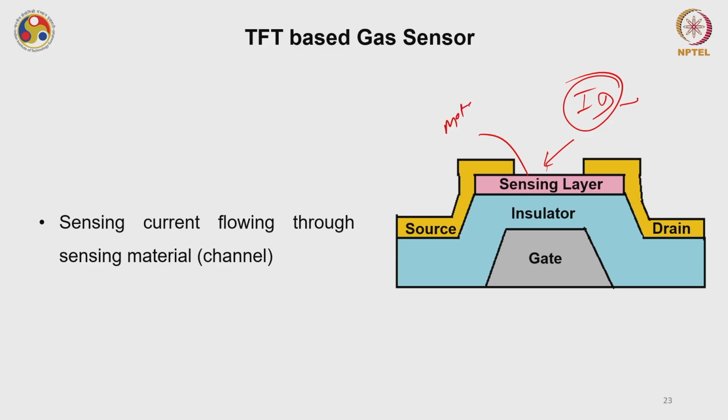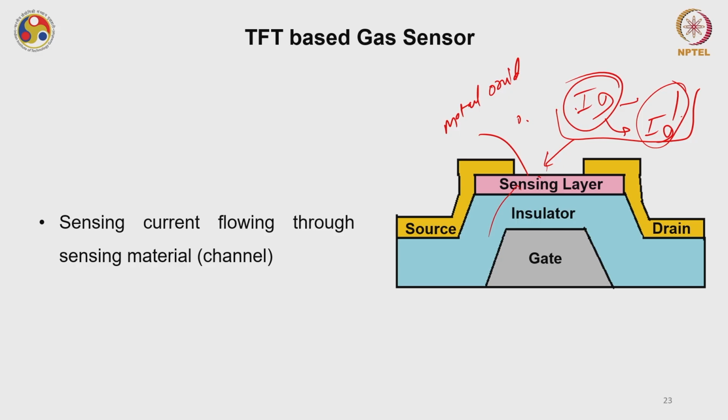When gas molecules interact with the sensing layer, the current will now be something, say, ID dash. Therefore I can say that the current has been altered, and if I can find this difference and calibrate this device against some standard device, I can even find the concentration of the gas analyte. Further, I can modify the structure of the sensing layer to make it selective towards certain gases.